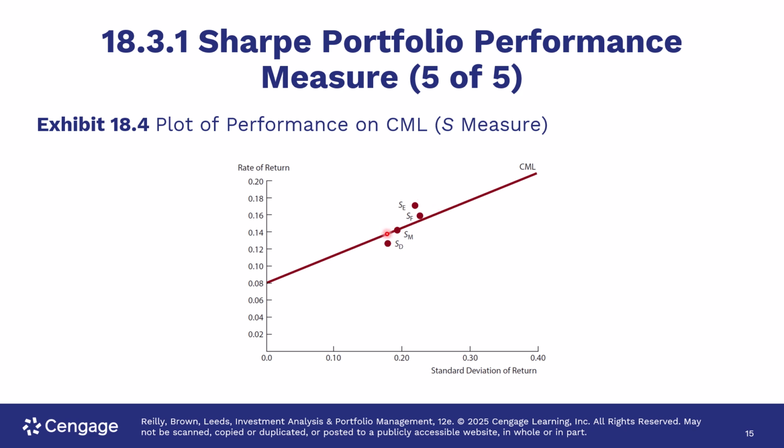The market portfolio, I guess we could give that third place. And then fund manager D would be fourth place. And we would also say that fund manager D here, according to the Sharpe technique or the Sharpe ratio, underperformed the market on a risk-adjusted basis. Fund managers E and F outperformed the market on a risk-adjusted basis.